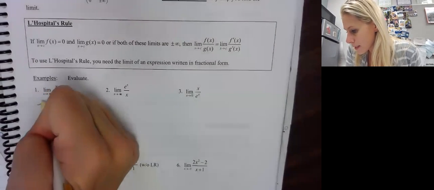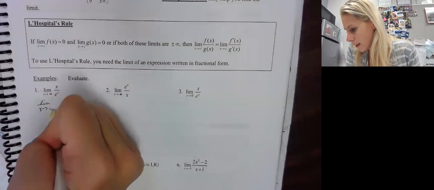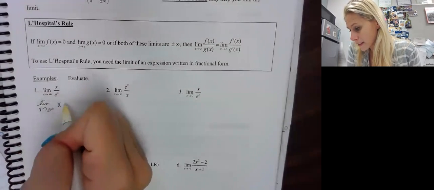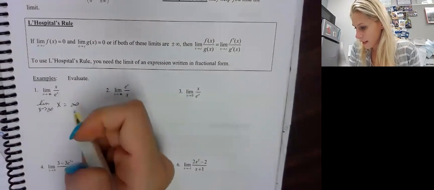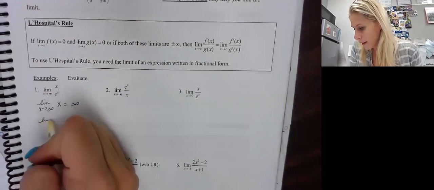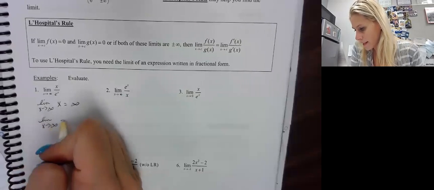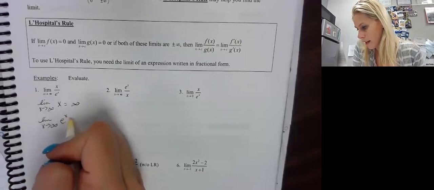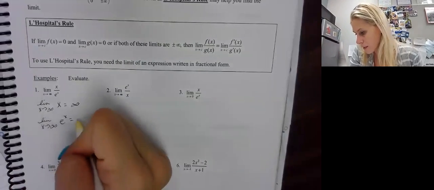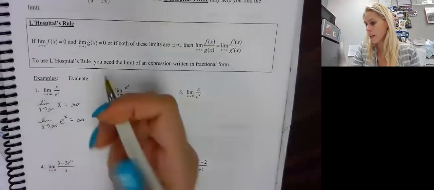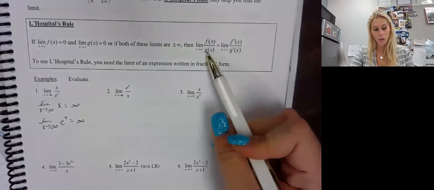So what I can do is say limit as x approaches infinity of x, which is that numerator, is infinity. The limit as x approaches infinity of that denominator, e to the x. Well, think of e to the x, your exponential, right? So as you go to infinity, where does our graph go? It goes to infinity. So in this case, now I've indicated that we're going to have infinity over infinity.